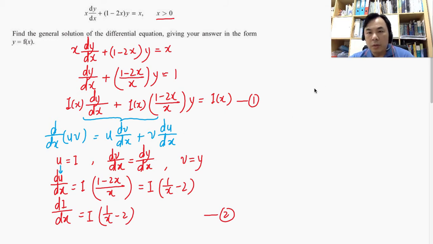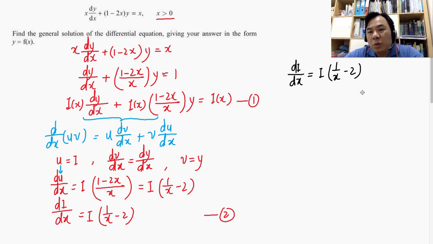So I'm going to show you at the side here. Considering equation number 2 here, we are actually getting dI/dx, which is actually equal to I(1/x minus 2). And then the interesting part is you will notice that this is a separable first order ordinary differential equation. Now, how surprising is that, right?